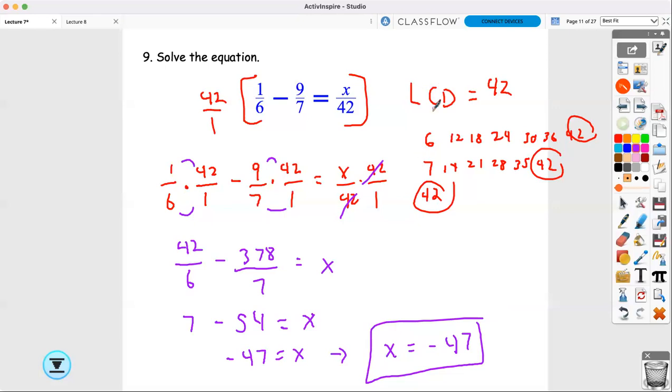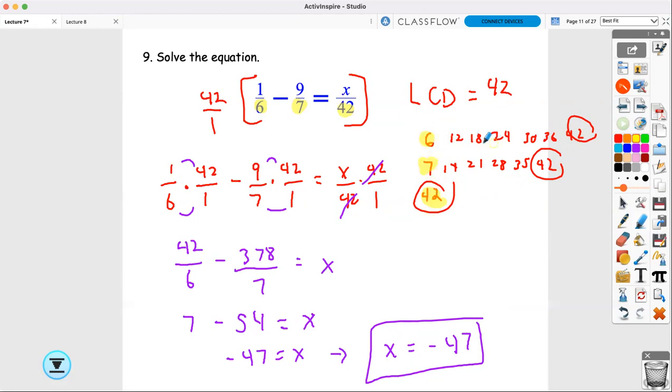So the LCD, remember, the least common denominator, is because we have three different denominators, right? We have the 6, the 7, and the 42, right? Well, there's two methods I showed you to find the LCD. The first method is counting by the multiples until we get one number in common with all three. So 6, 7, 42, none of them are in common right now.